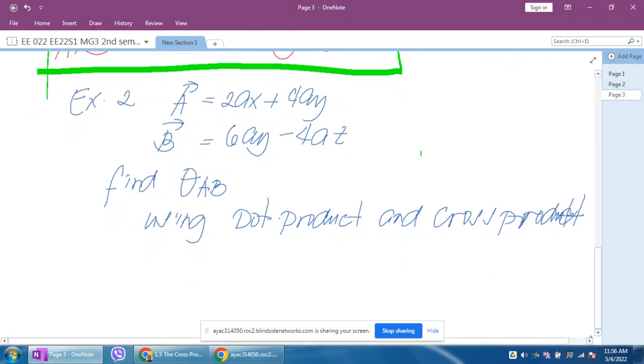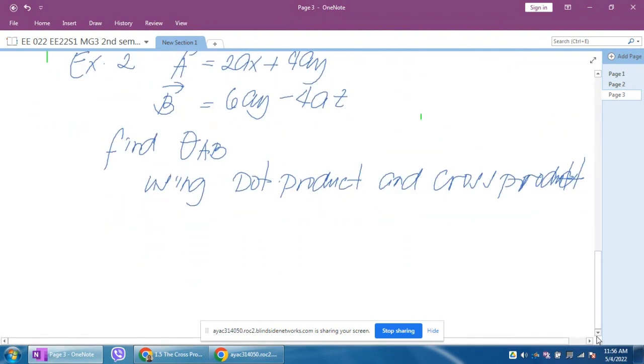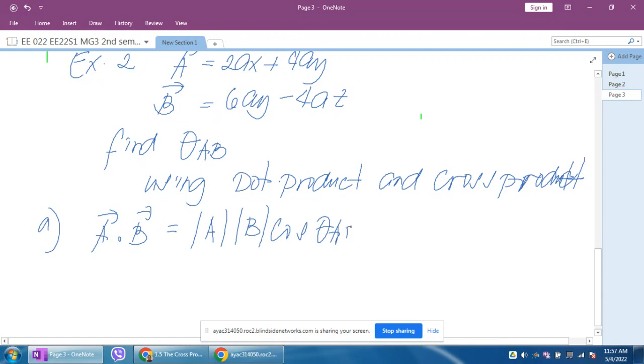Okay, unahin ko na po si dot product. Ano ba yung formula natin sa dot product? A dot B is equal to the magnitude of A, the magnitude of B, multiplied by the cosine of the angle between them, the smaller angle between them.